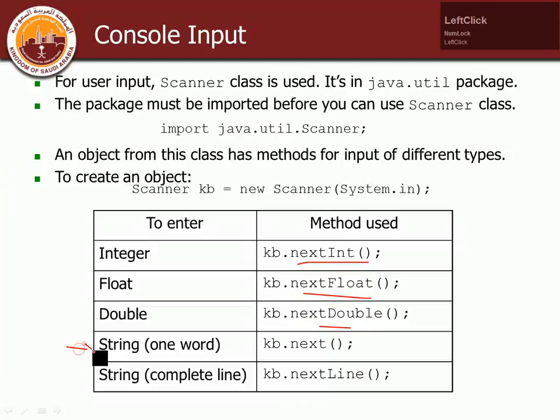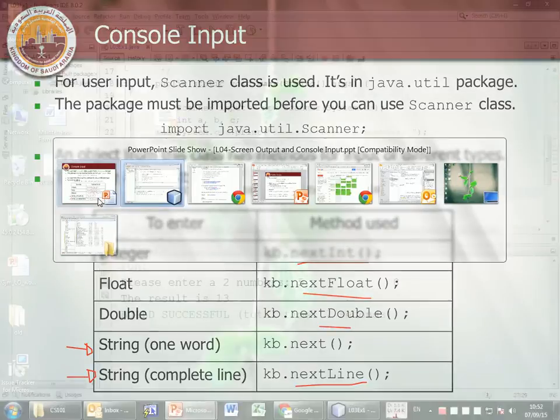To get a string, there are two ways. Either you get one word at a time, or you get the whole line. If you'd like to get the whole line, you need to use nextLine. Give me the whole line. There's no nextString, there's just next. If you use next, it is going to take only one word of your sentence. So that's the thing here.